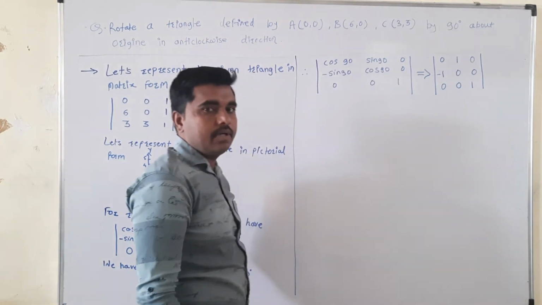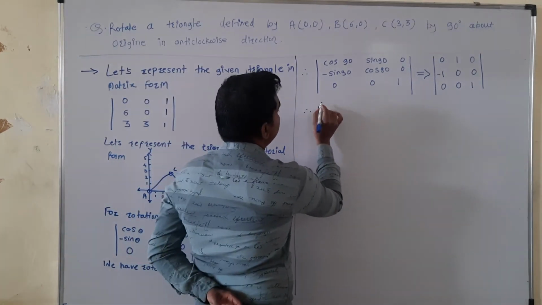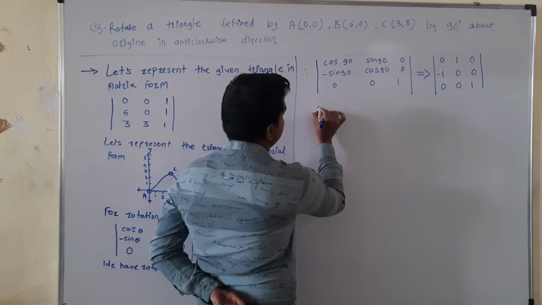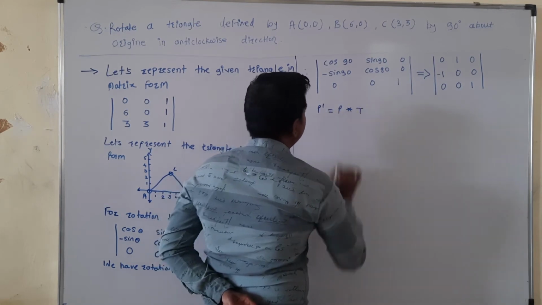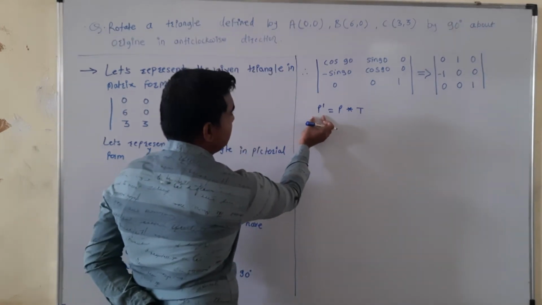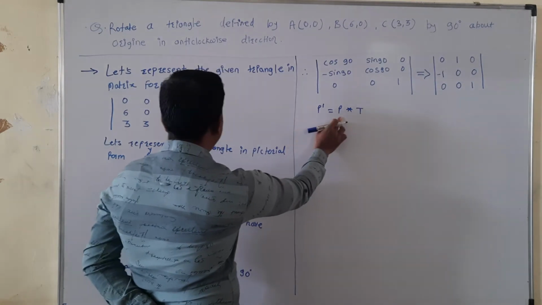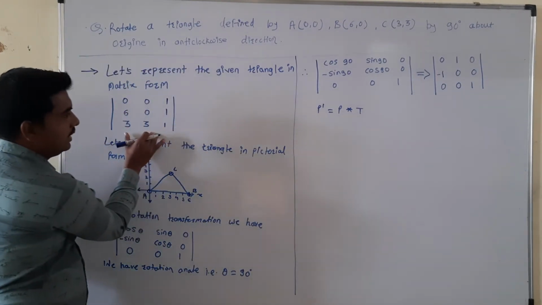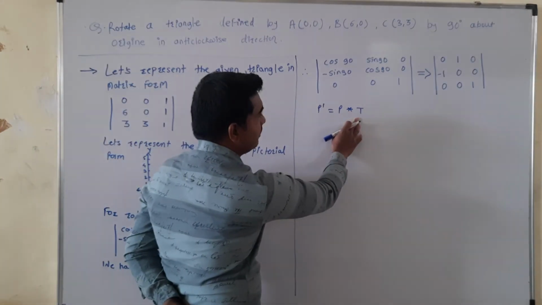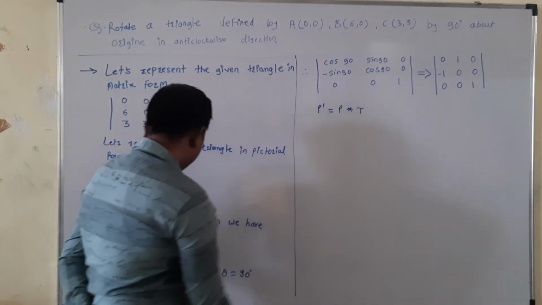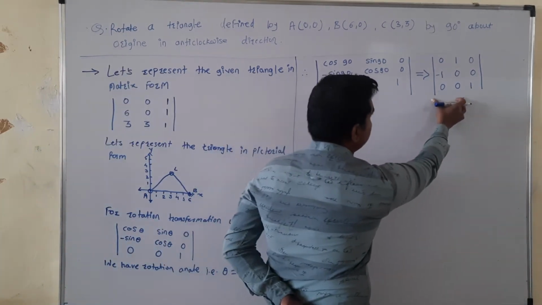For any transformation or operation, we have the formula P dash equal to P into T. Here we have to find P dash. P dash means how our object looks after rotation. P is the original object, which we have represented over here, and T is the transformation matrix. Here our transformation is a rotation, and we have the rotation matrix for it.